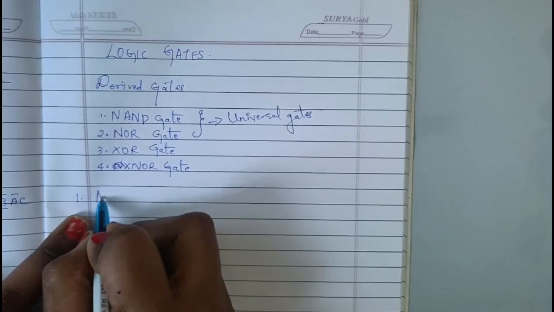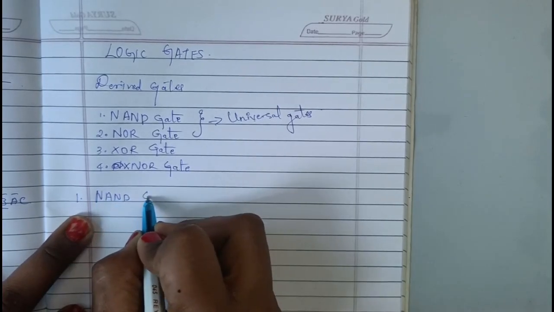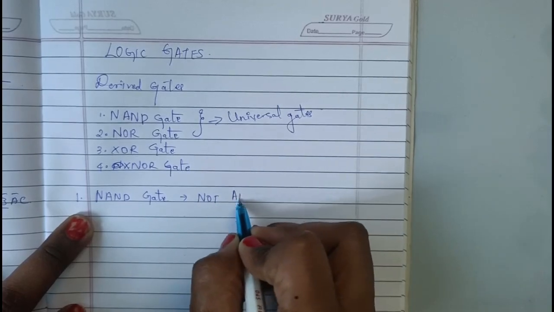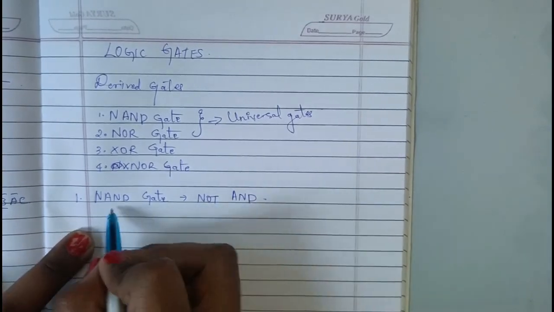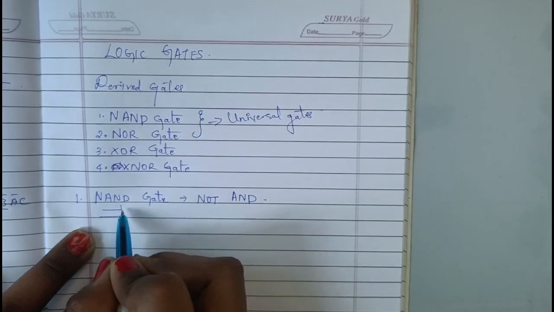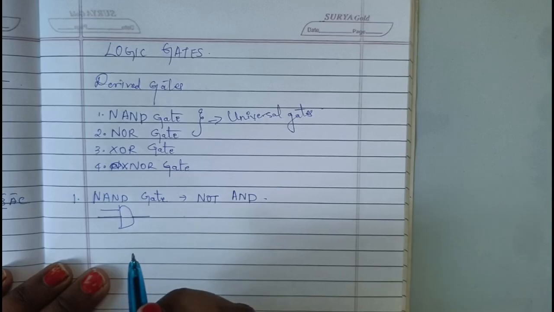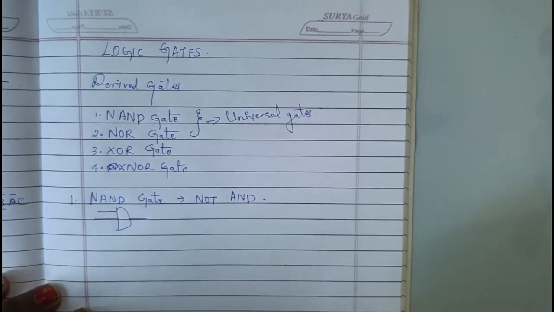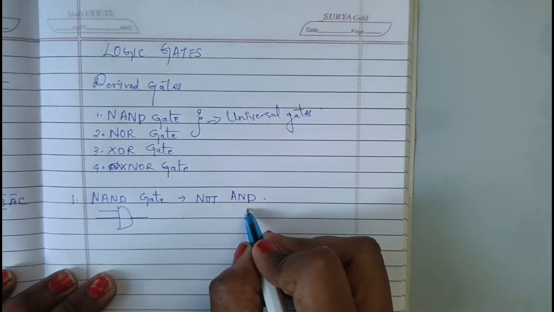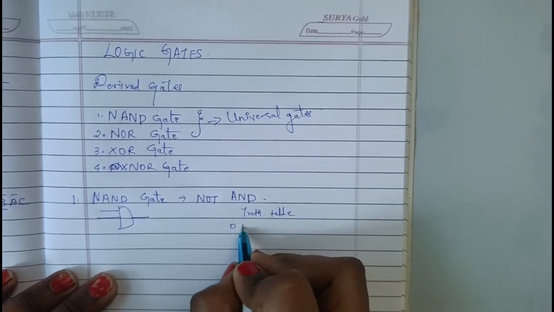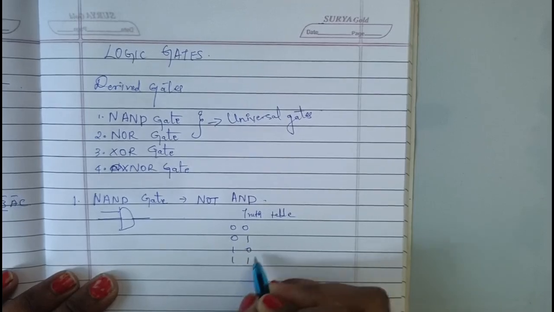First, the NAND gate. The NAND gate is also known as NOT AND. It will also have two or more input signals, but the output will be only one. The condition is that if all the inputs are 1, then the output will be 0. The truth table: 0 0, 0 1, 1 0, 1 1.